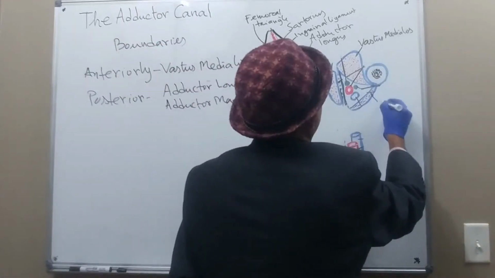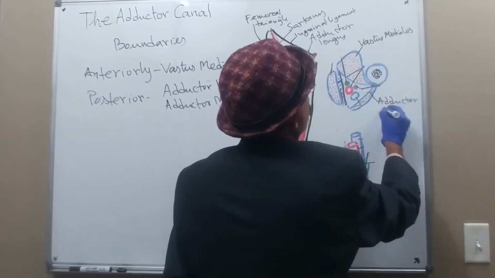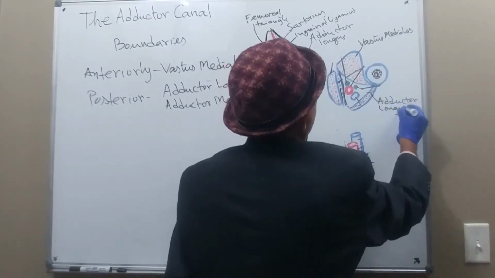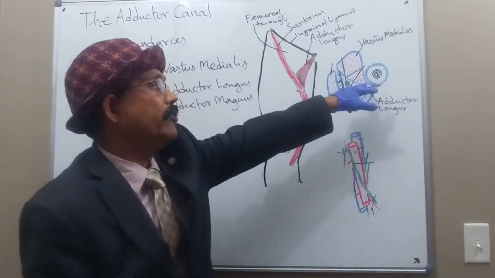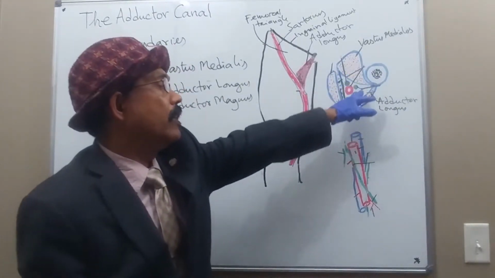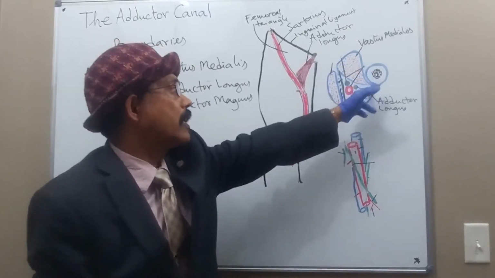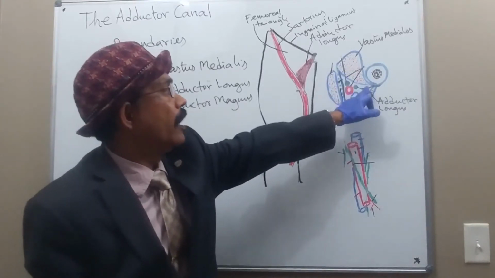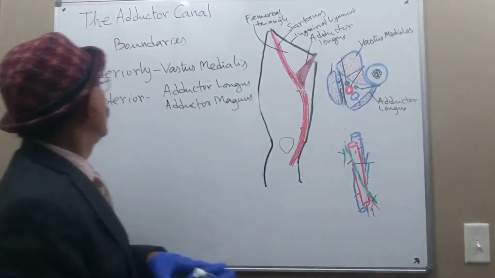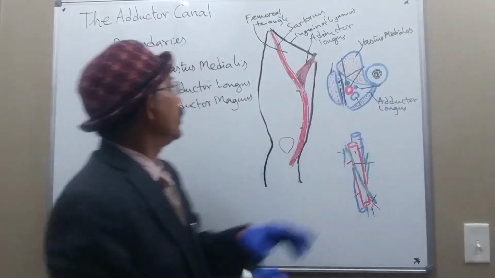This is the adductor longus, and this is the adductor canal. This is a triangular intermuscular passage. We can see the aponeurotic tunnel here. This is the adductor canal. We got the anterior boundary, we got the posterior boundary.